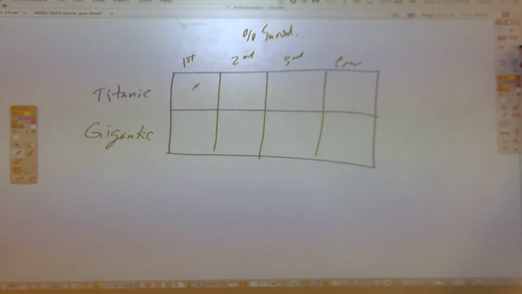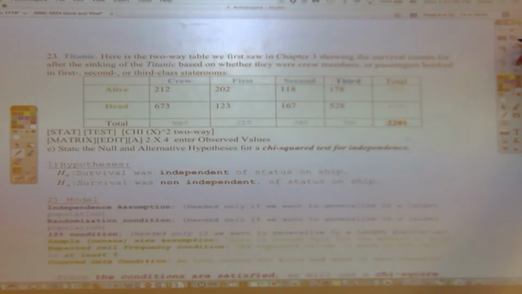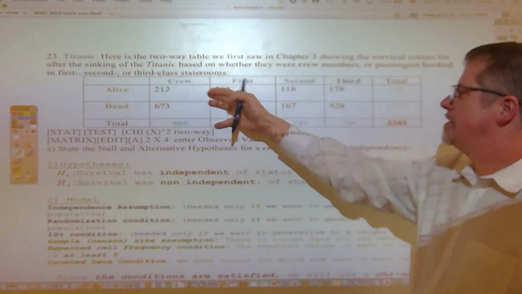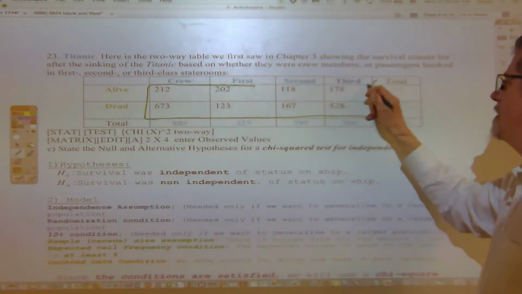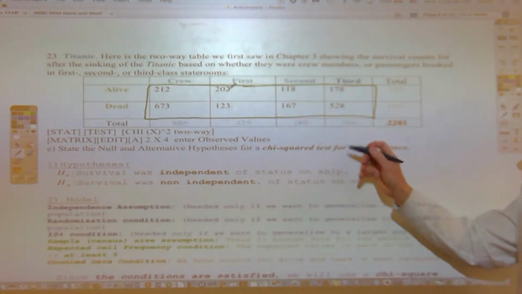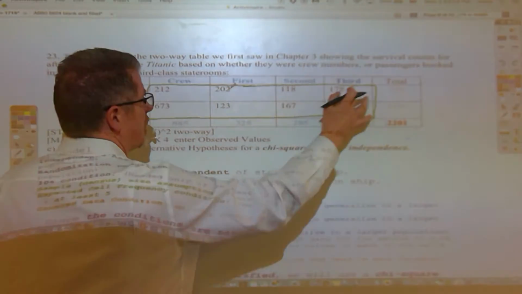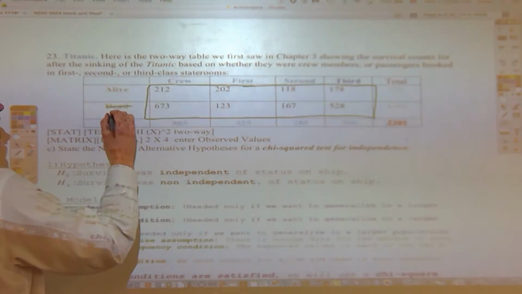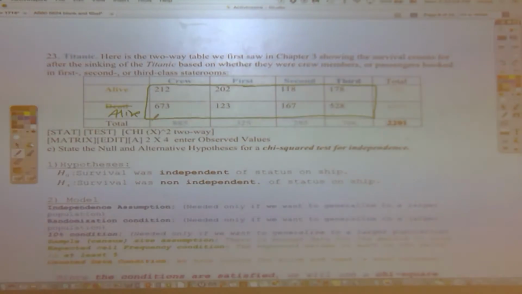Well, you know what? I am going to harvest the numbers from the Titanic example because mathematically it's the same. Just imagine that these same numbers are representing a different reality. Imagine that these are the alive counts for one ship, and these are the alive counts for a second ship.